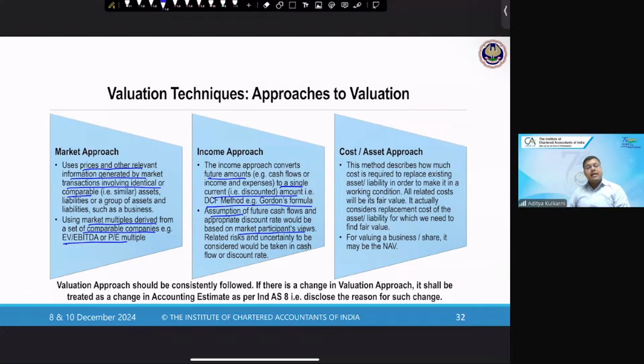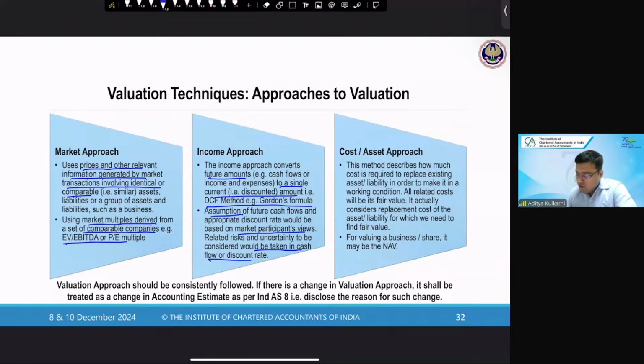So is there a likelihood of bias which is involved here? Obviously, yes. Related risks and uncertainty to be considered would be taken in cash flow or the discount rate. So whatever the uncertainty is, either you change the cash flow or you change the discount rate.